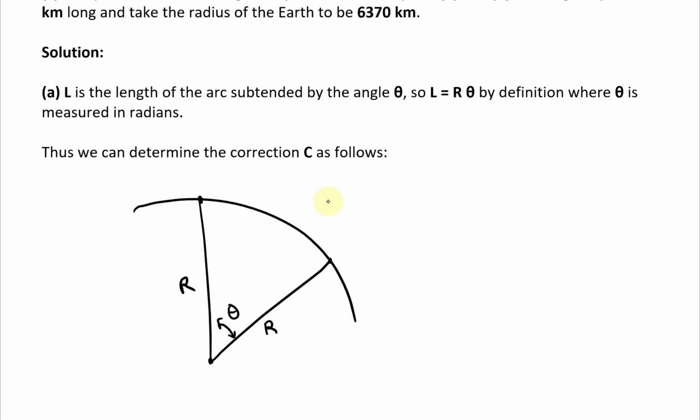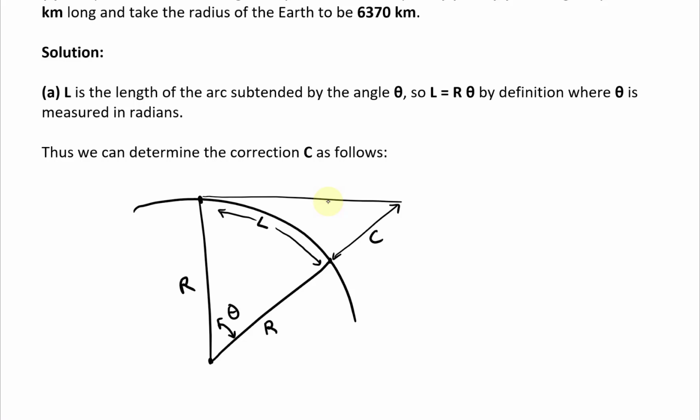And now this distance across here is going to be our L, which is the length across from here all the way to here, like that. And the correction is going to be across like this, because if Earth is curving like that, you're going to have an error all the way across from here to here. So this is our C, our correction.